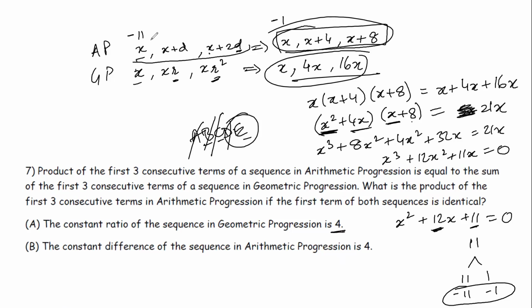Out here, we'll take minus 11 and solve it. So minus 11, and then minus 11 plus 4 is minus 7. Minus 7 plus 4 is minus 3. And the product of this is 11 into 21, negative 231.